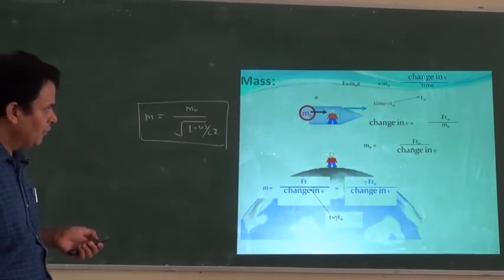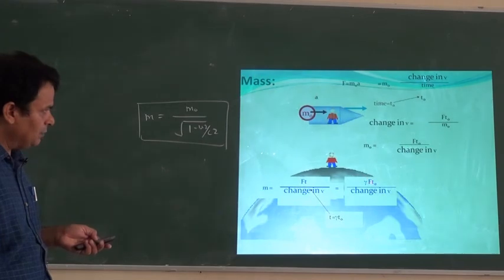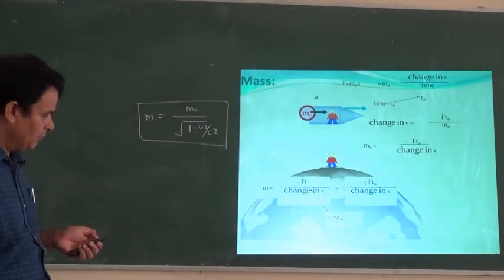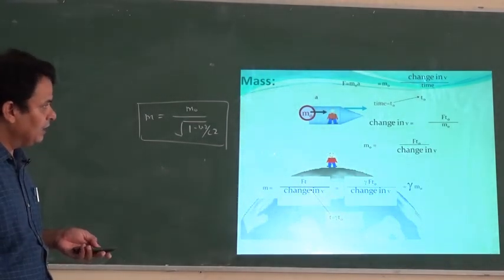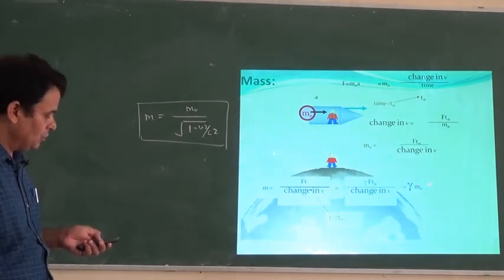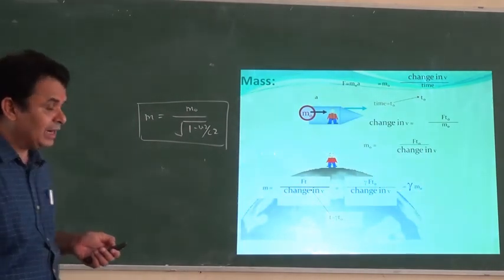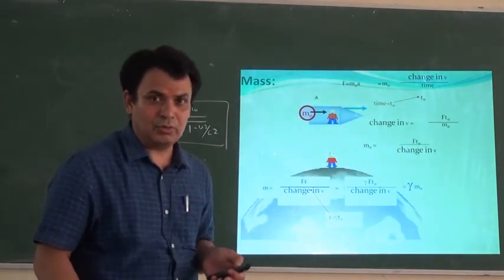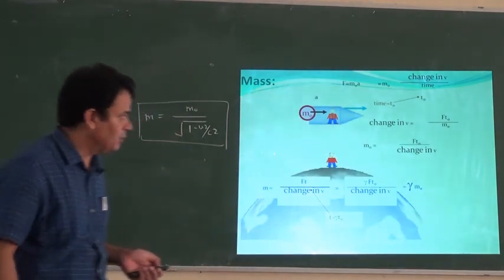By putting this value we will have gamma times Ft0 upon change in velocity, and finally we will write gamma times m0, where gamma is equal to 1 upon under root 1 minus v square upon c square.